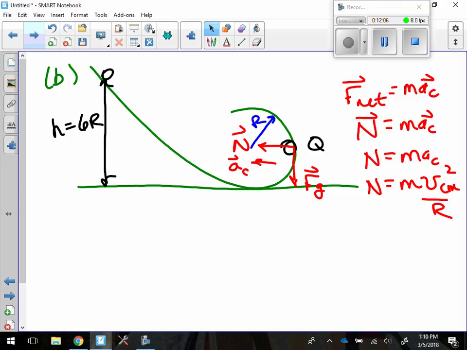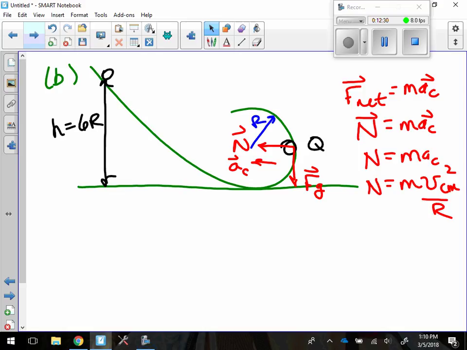Now we're going to assume that I know m and that I know R, but how am I going to find a value for V center of mass? No, because this is a different situation now.